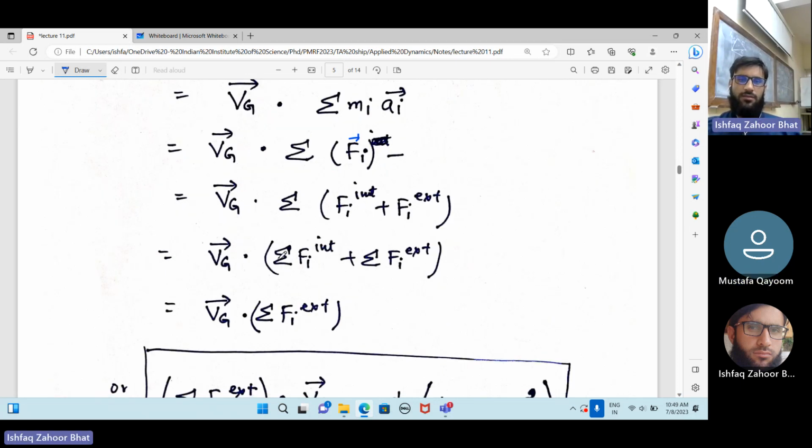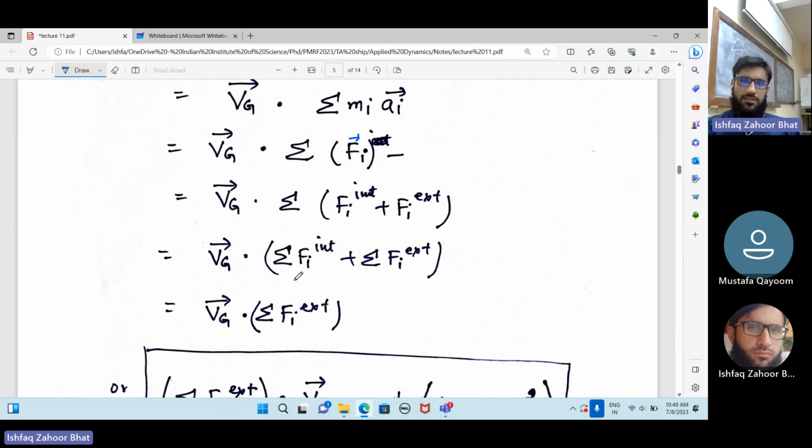Taking the summation of each of the two components, we know, and we are now familiar with this, that the summation of F_i internal, when we sum up the internal forces throughout the system, comes out to be 0.